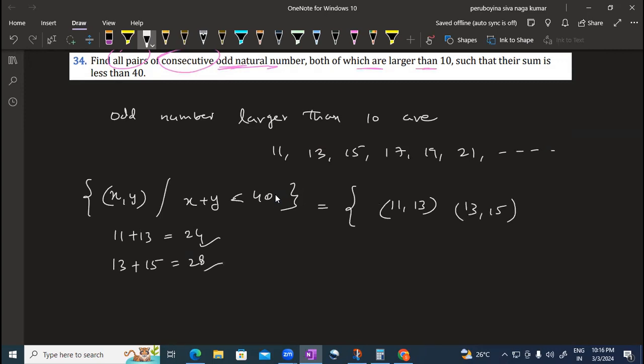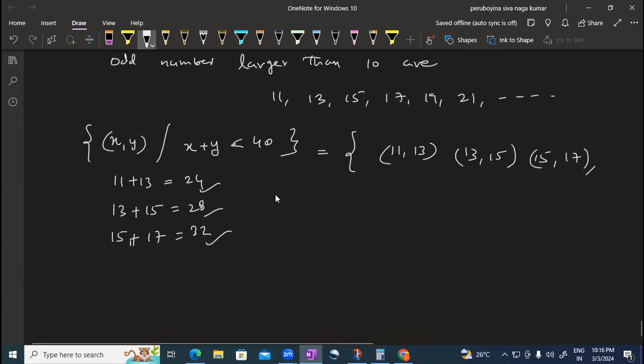The numbers must be side by side. You cannot write 11 and 15 because they are not side by side. Between them 13 is there. So next you can select 15 plus 17, which is 32. So 32 is below 40. So you can take these numbers as a pair of values.